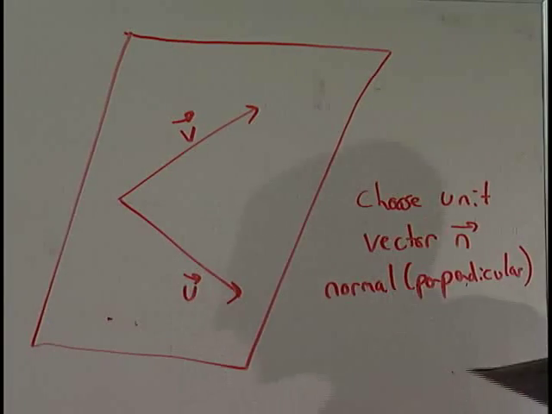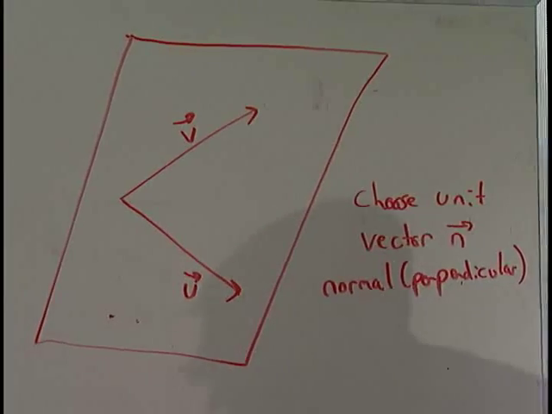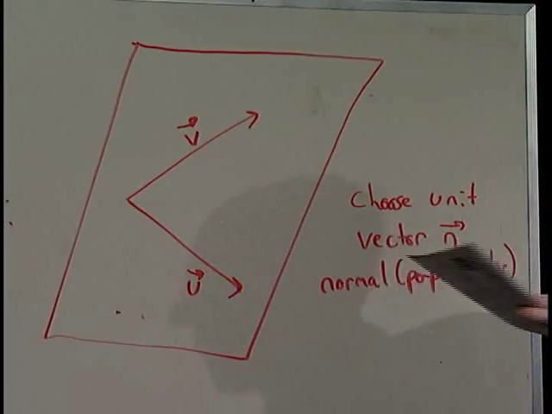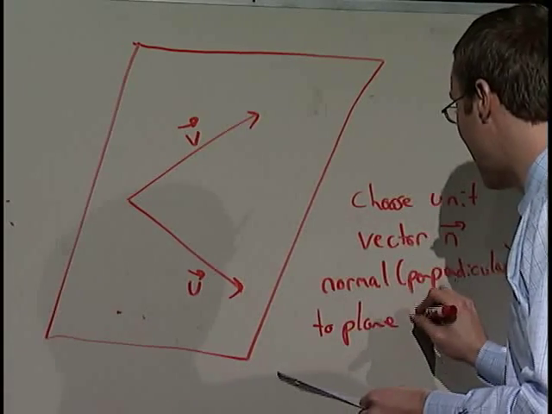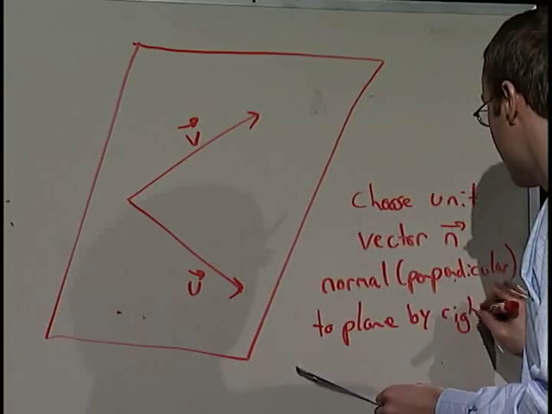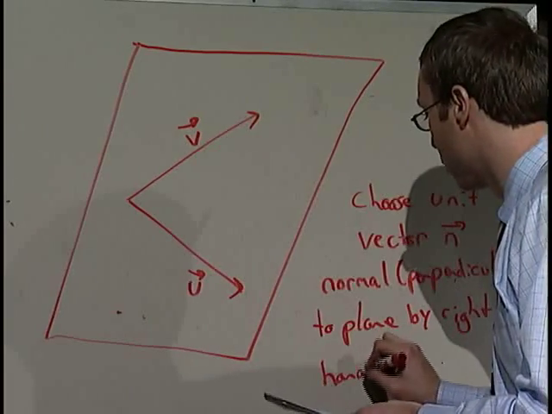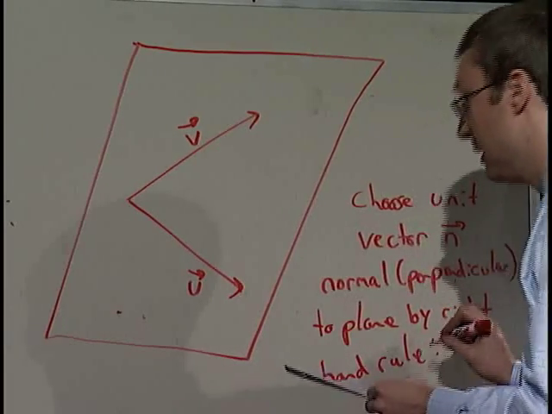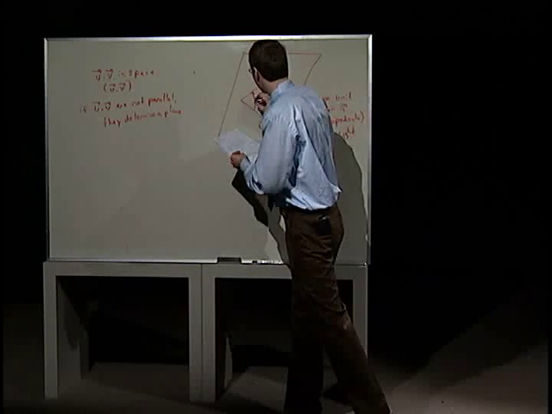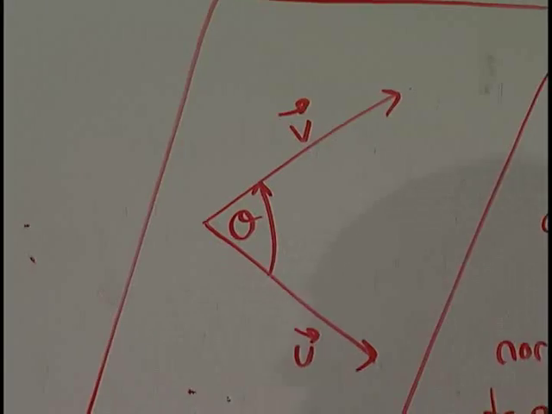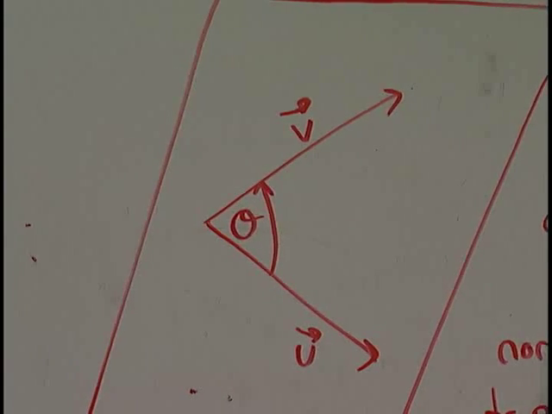We talk about vectors being normal to a plane versus perpendicular to them, but they mean the same thing. Normal to the plane by what we refer to as the right-hand rule. All right? So here is the angle between u and v. And notice I'm being careful here to draw this from u to v, because it does make a difference which way I draw it in.